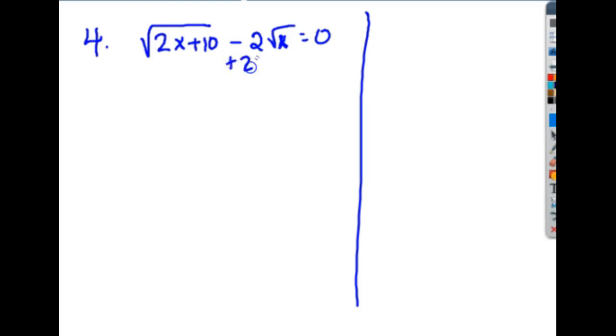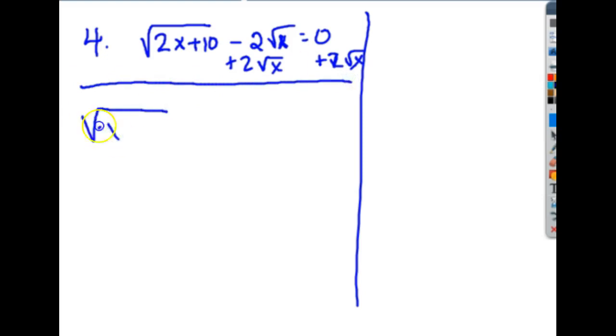I need to add this one to both sides so that I will have a radical sign on each side of the equal sign. Then I need to get rid of the radical signs.